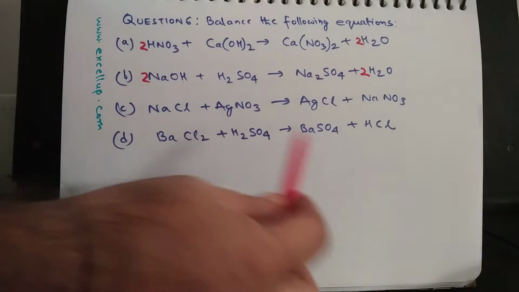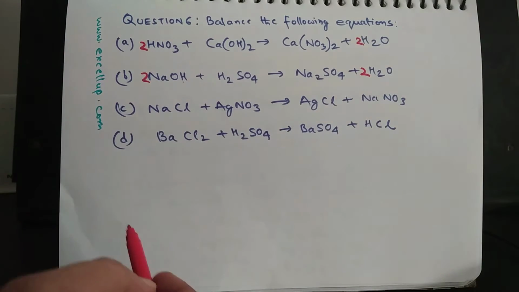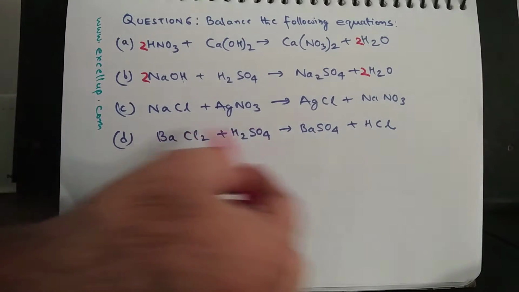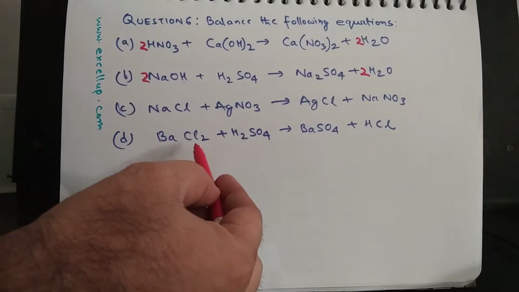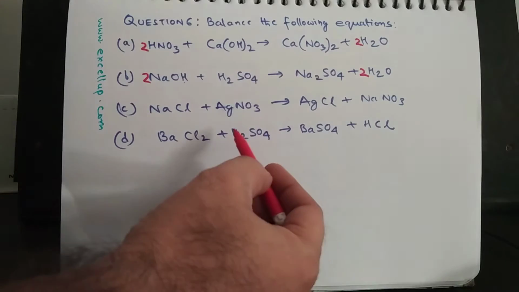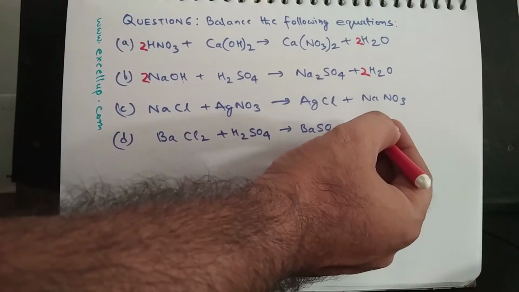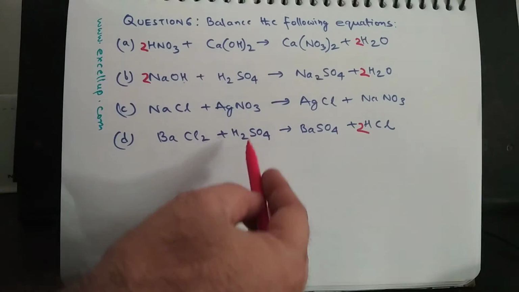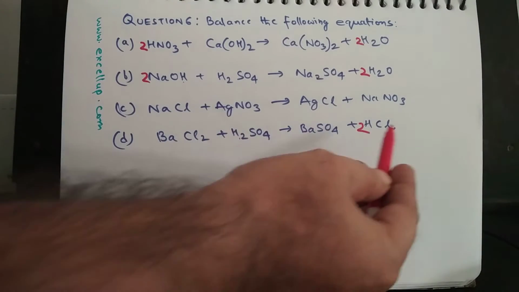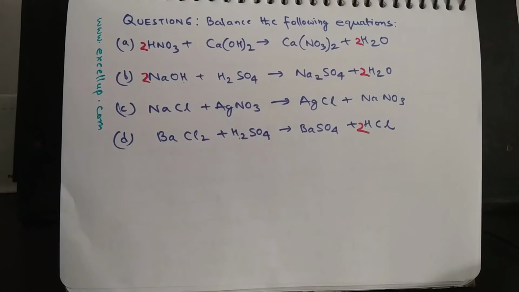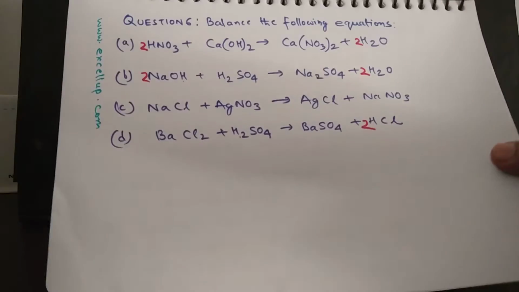The number of sulfate is same, barium 1 and 1, chlorine here are 2 atoms, here is 1 atom, hydrogen here are 2 atoms. So, we will put 2 over here. Now the number of hydrogen and chlorine atoms is balanced. So, the final equation is BaCl2 plus H2SO4 is equal to BaSO4 plus 2HCl.